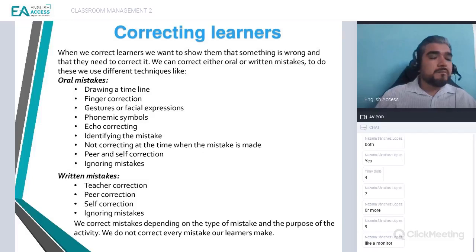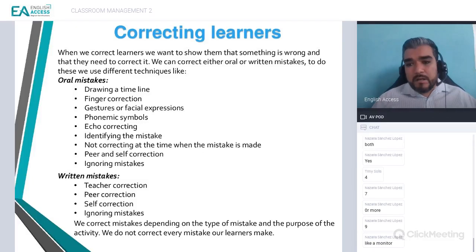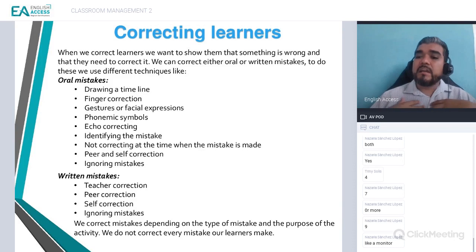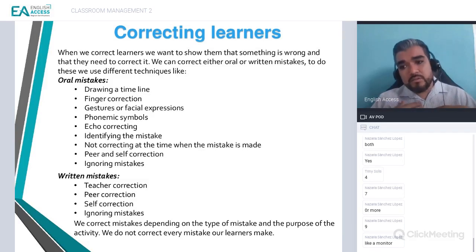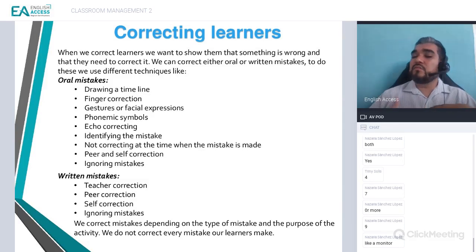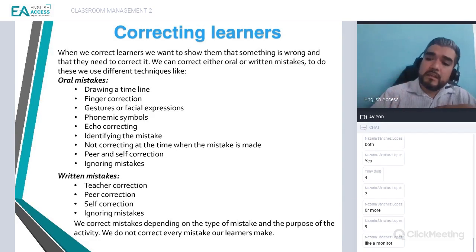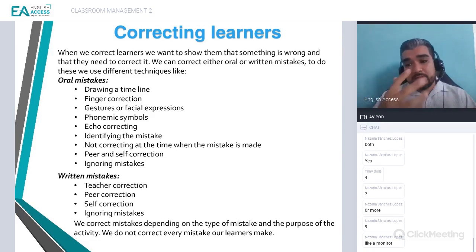If the monitor makes mistakes, that's not a problem because you are going to be there as a teacher. And if the monitor doesn't know, then you can approach that team and help them. That's why you are there, to help. But why is this activity important?